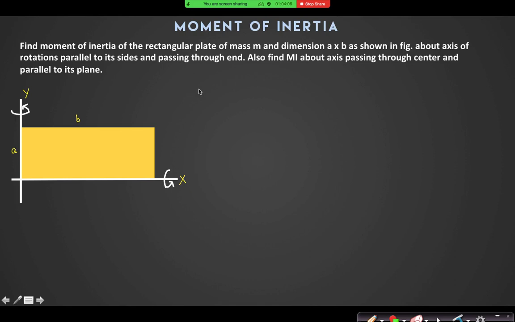So what then is this Ix? mb square by 3. If I talk about Ix, what can I say?